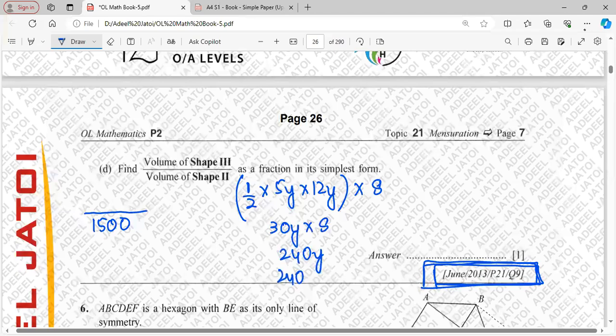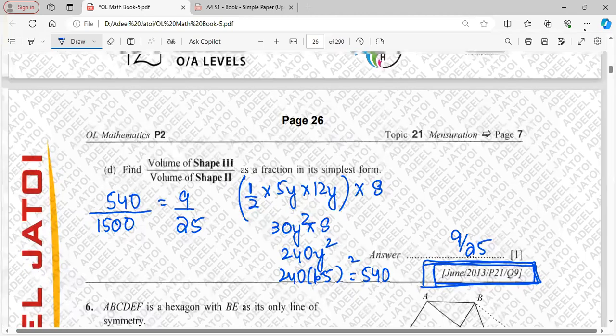Y was 1.5, so 1.5 square. The end result is 540 for the volume of the third shape. Since we need to give it as a fraction, this is 540 upon 1500, which should be 9 upon 25. So the answer is 9 upon 25.